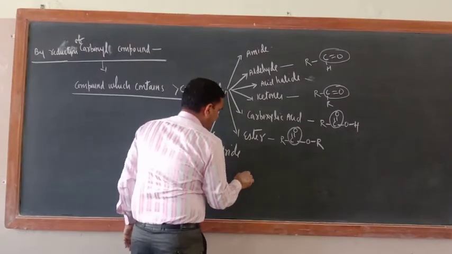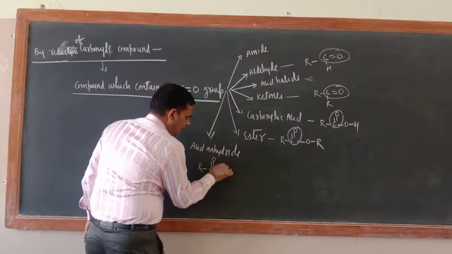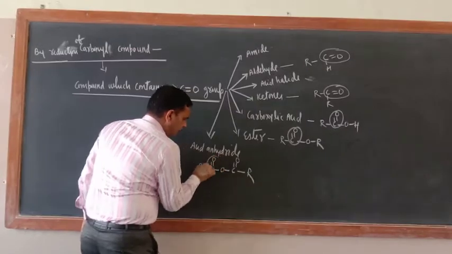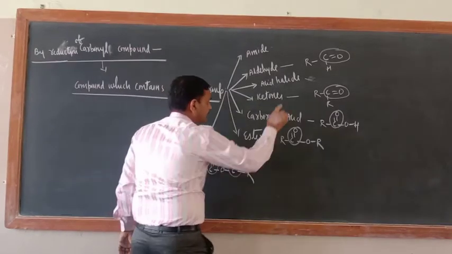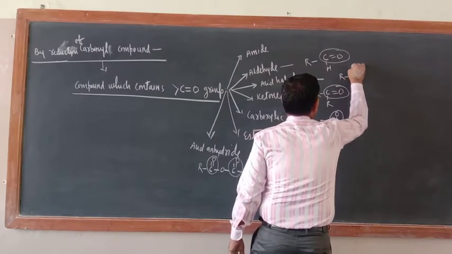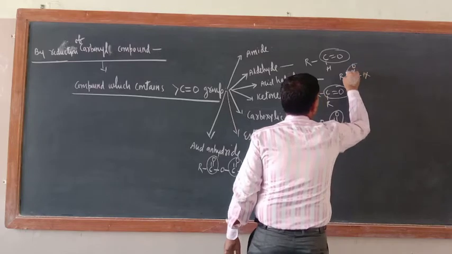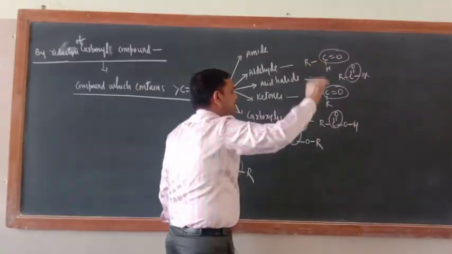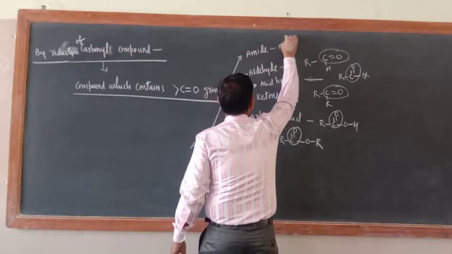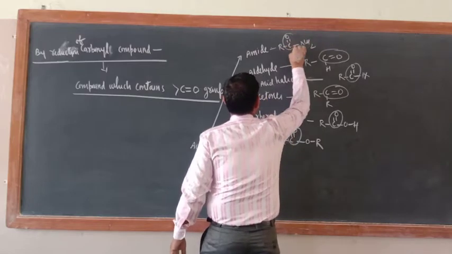Acid anhydride is RC double bond O OC double bond O R, where two carbonyl groups are there. Acid halide is RC double bond O X, also a carbonyl compound. Amide means RC double bond O NH2, where the CO group is also there.